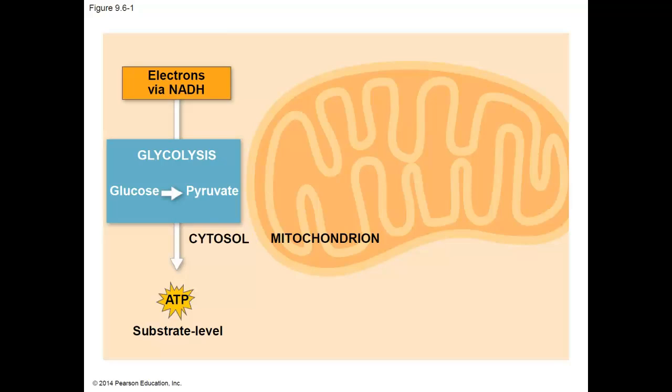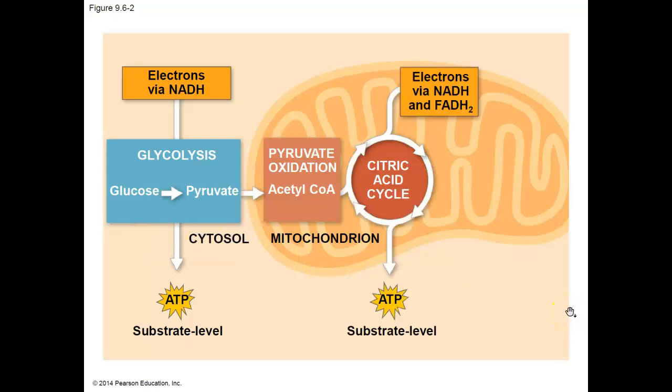Glycolysis happens in the cytosol and produces pyruvate and ATP by substrate-level phosphorylation from glucose. Then pyruvate, our 3-carbon molecule, is oxidized to become acetyl-CoA, a 2-carbon molecule.